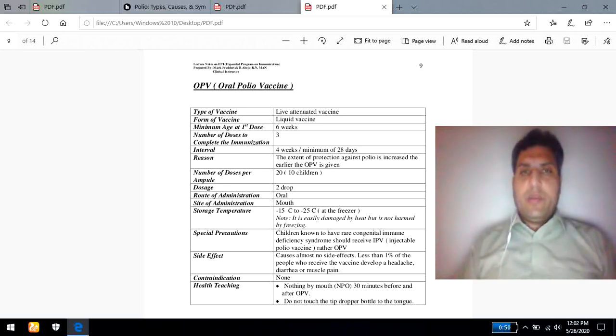As for the incubation of poliomyelitis, most commonly in non-paralytic poliomyelitis the incubation period is very short, that is 3 to 6 days.